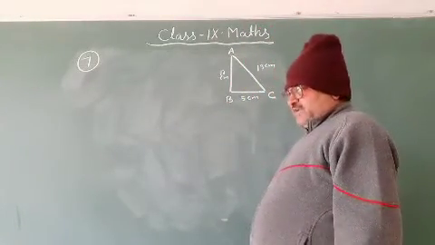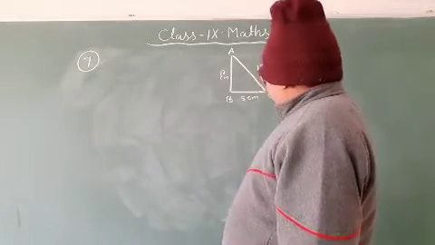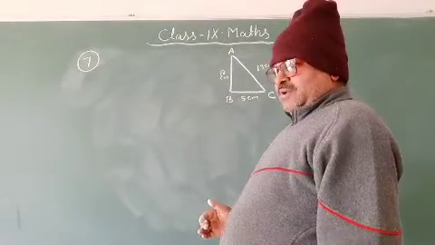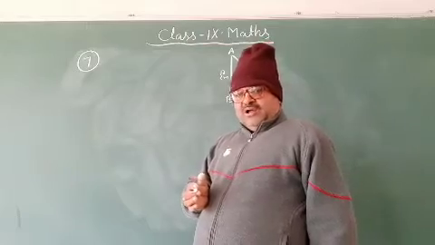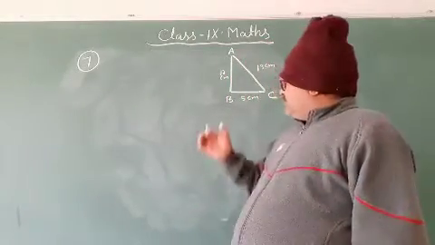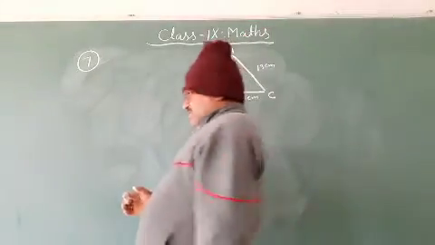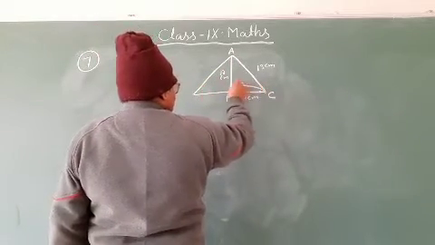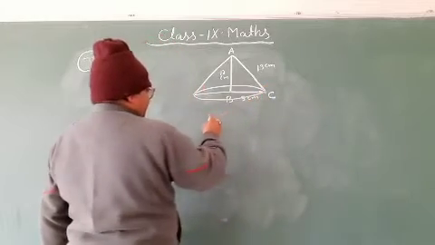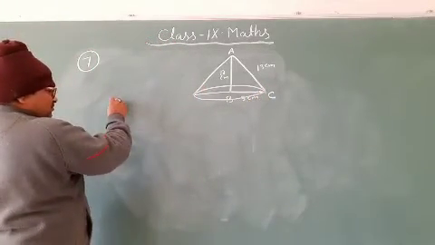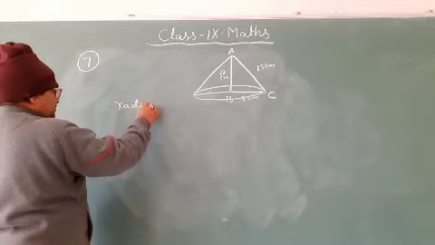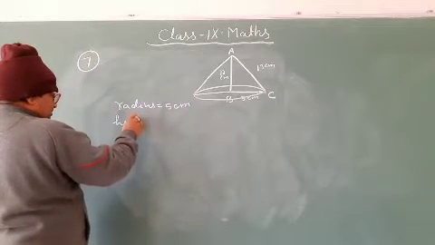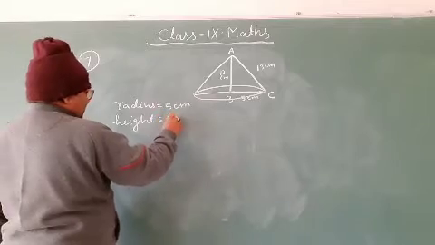After the revolution, the triangle becomes a right circular cone of radius 5 centimeter and height 12 centimeter.